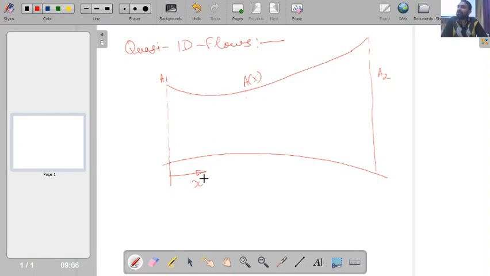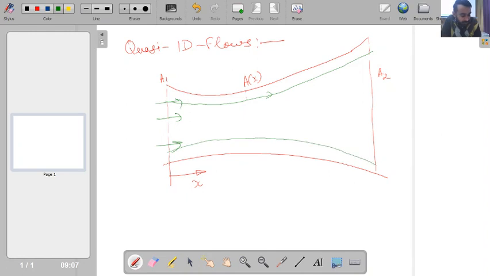In this situation we have variation of area. If any fluid is flowing inside this duct, that fluid has to go through this whole process of change in its direction, and it has to follow the boundary of this surface.